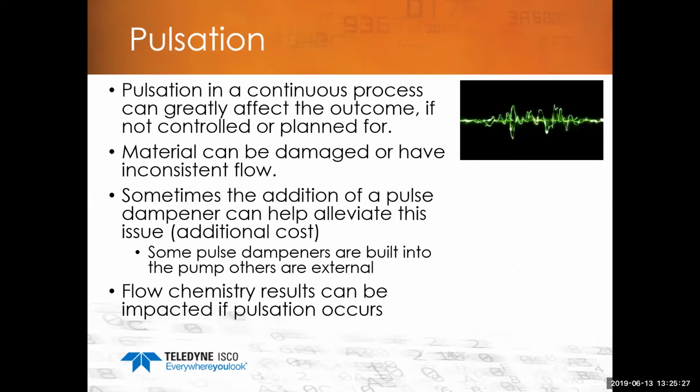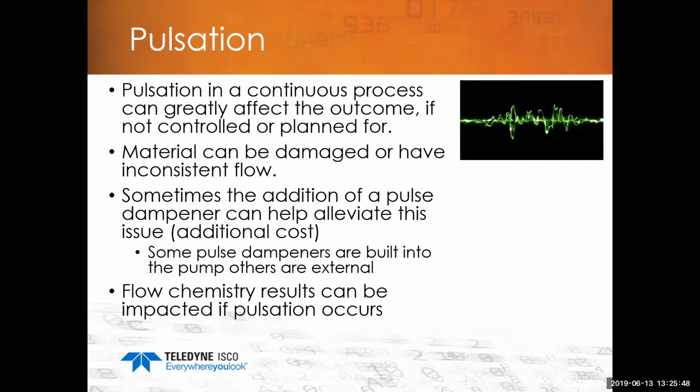Pulsation, funny, that's the next slide. Pulsation in a continuous process is the harbinger of the process. It can actually make or break it. If the materials do not have enough stability and a small blip can affect them, then you're going to be very focused and worried about pulsation.